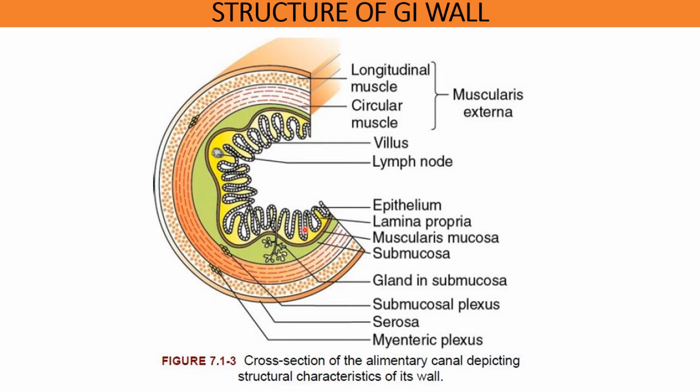Next to the mucosal layer you will find the submucosal layer that contains the submucous plexus or the Meissner's plexus. Beyond that, you will find the smooth muscle layer, made up of inner circular smooth muscle and outer longitudinal smooth muscle, and after that you will find the last layer, the serosa or the serosal layer.